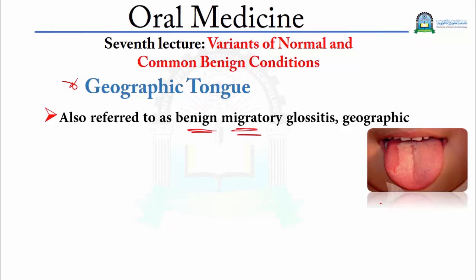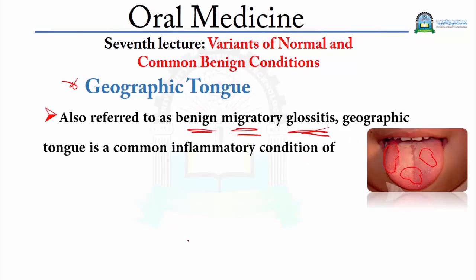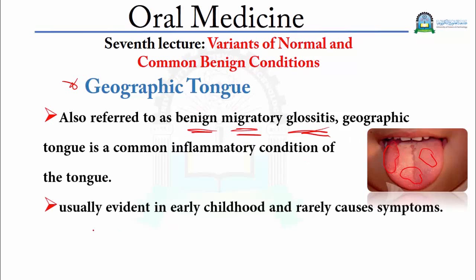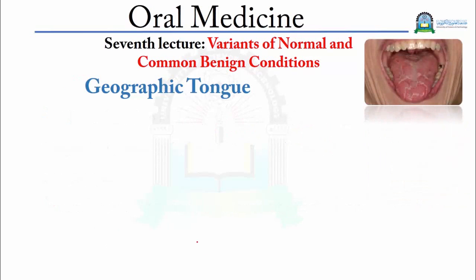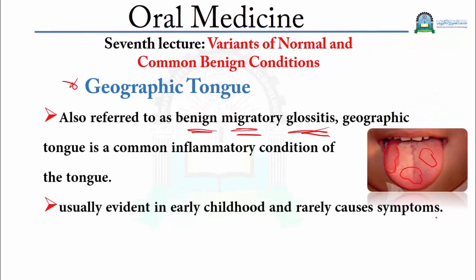Migratory because the lesion starts from one side on the dorsal surface of the tongue and then migrates to the other side and back again, so it is migratory in nature. Glossitis, due to inflammation. Geographic tongue is a common inflammatory condition of the tongue, also evident in early childhood, and rarely causes symptoms.